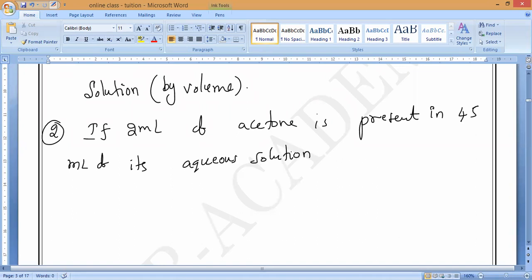Aqueous solution means what? Already a solution, a dissolved state.